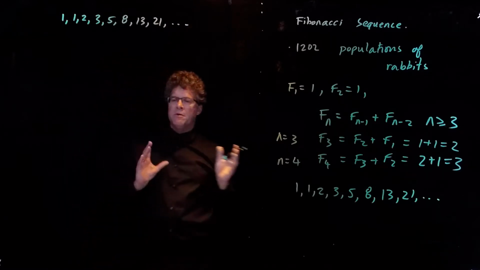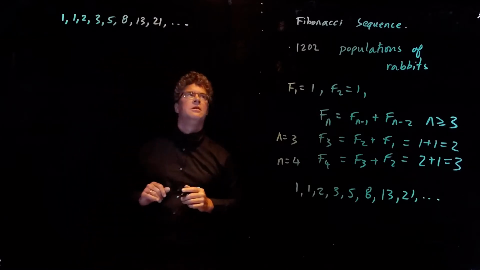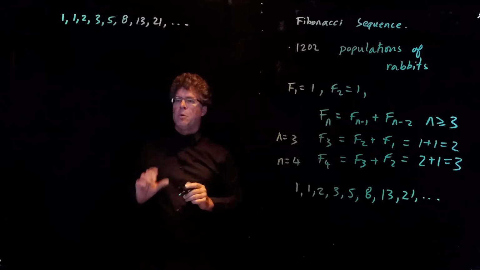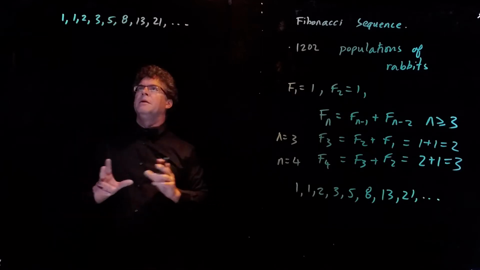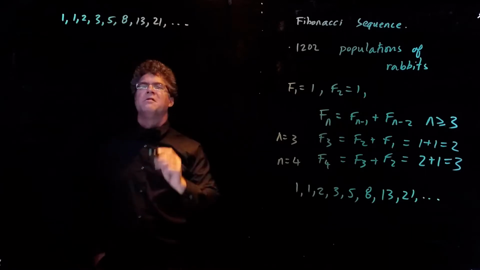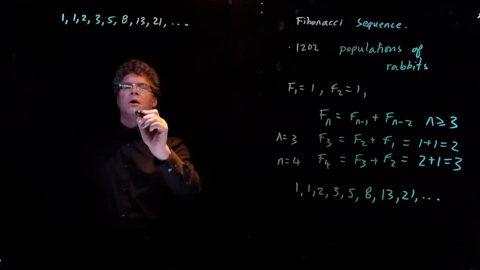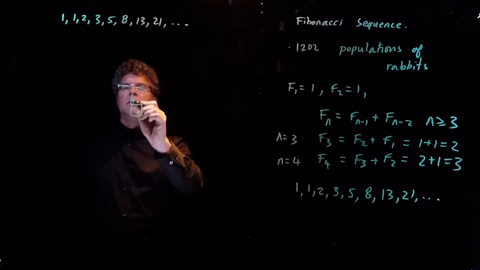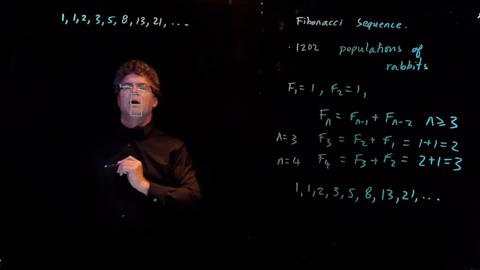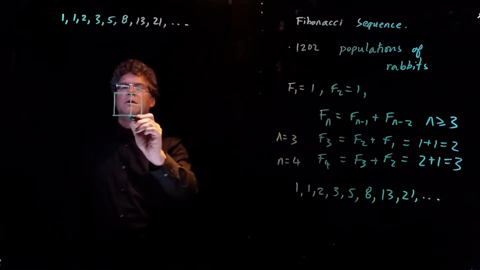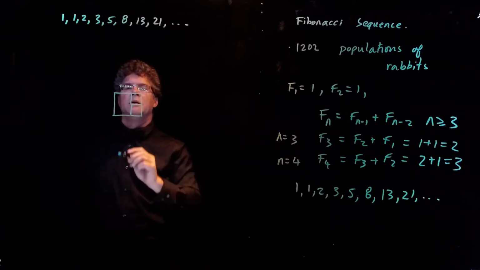Now there is a beautiful kind of geometrical interpretation of the Fibonacci sequence. I'm going to start by drawing squares of dimension the same as the Fibonacci numbers. And so I draw the first one, a 1 by 1 square. Right beside it, I do a 1 by 1 square, that's F2. And then the next one is a 2 by 2 square.